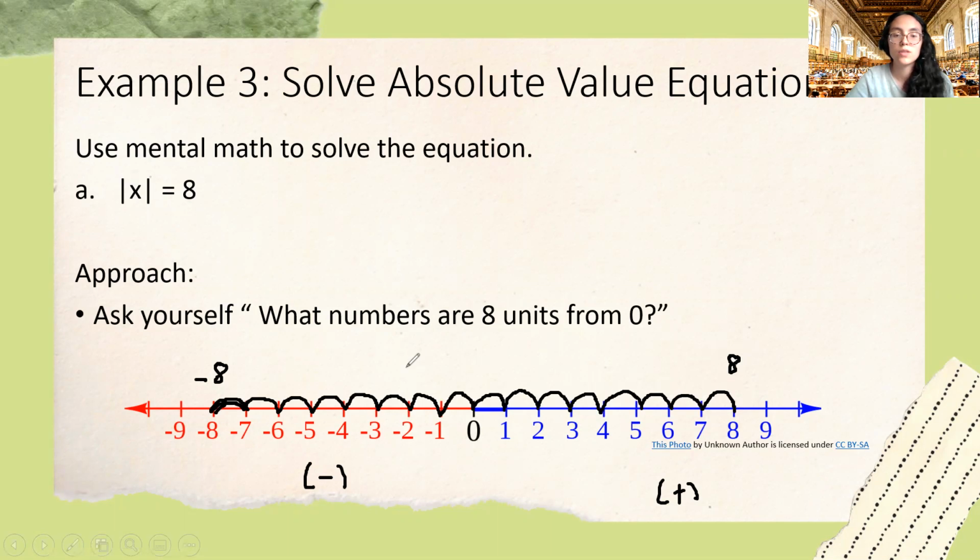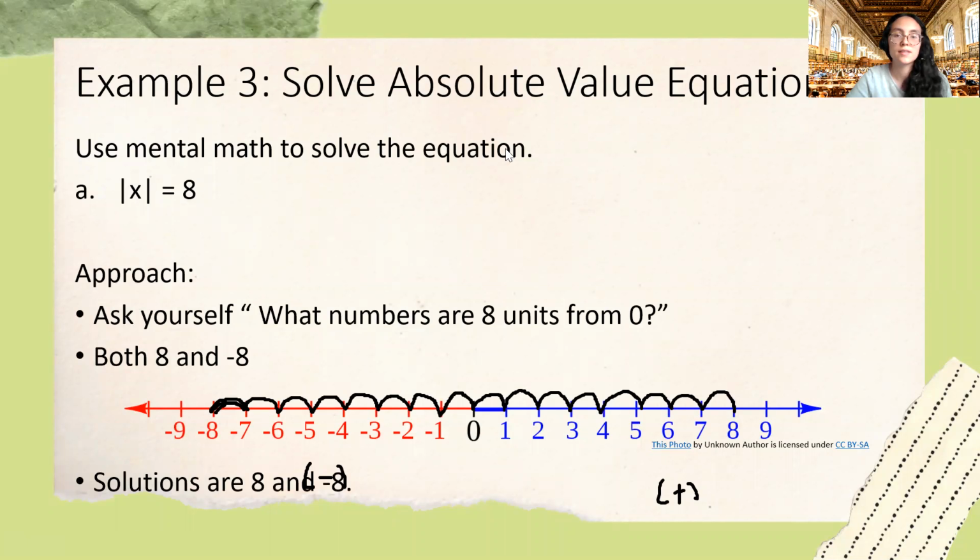So we have 2 numbers that are 8 units from 0. Okay, so here we are, both 8 and negative 8 are numbers to the left and to the right of 0 that are 8 units from 0. So our answer here is 8 and negative 8. That is our solution, okay?